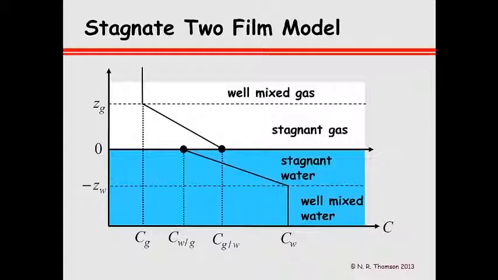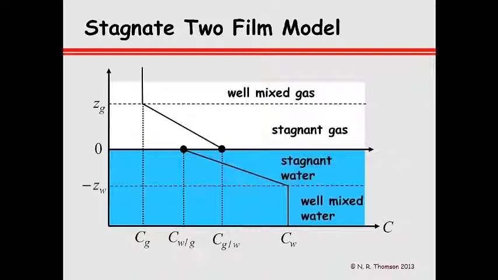So let's go back to our water phase and our air phase and draw in at that interface a stagnant film model. I'll start off in the well mixed water phase, where the concentration everywhere is C sub W, that will exist to a small length away, or small stagnant zone away, from the interface.